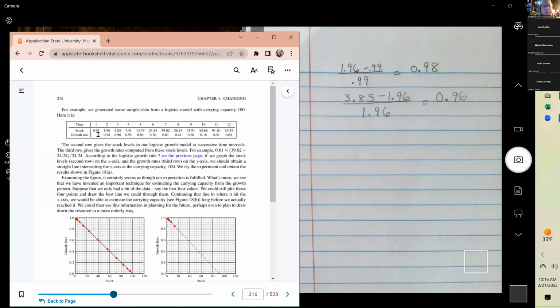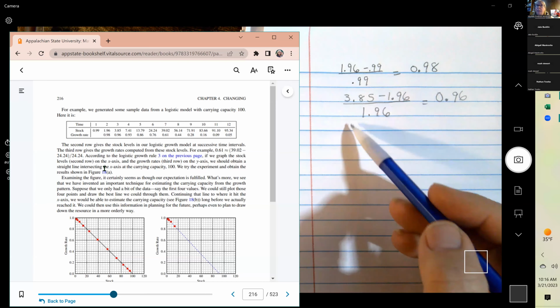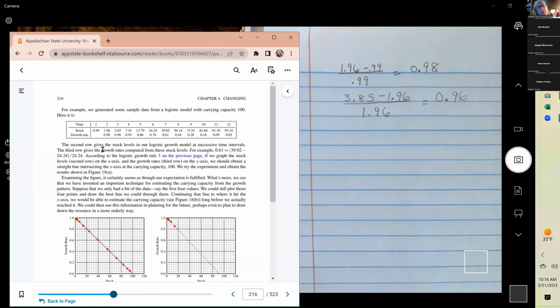Anyway, these are the time intervals, and they want to find the rate between each time interval. Rather than the way we did it in class yesterday, where we just started with the 0.99 and used it as the initial amount each time, here they want to see how the rate is changing between each individual timestamp.